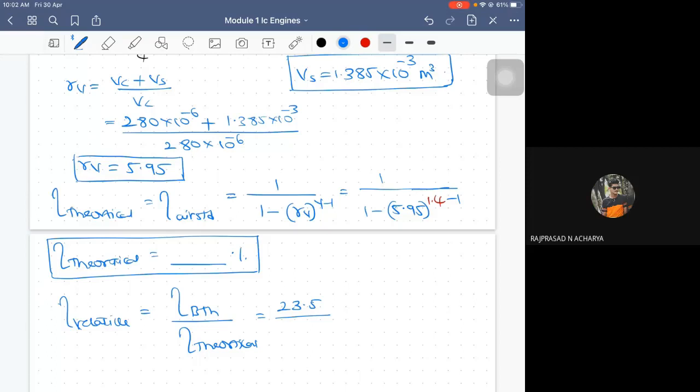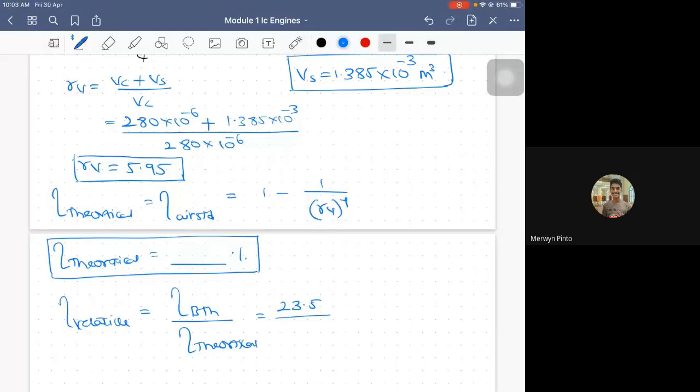Oh, 51%. The formula is wrong. You are getting it wrong. It is 1 minus 1 divided by Rv to the power of gamma minus 1.